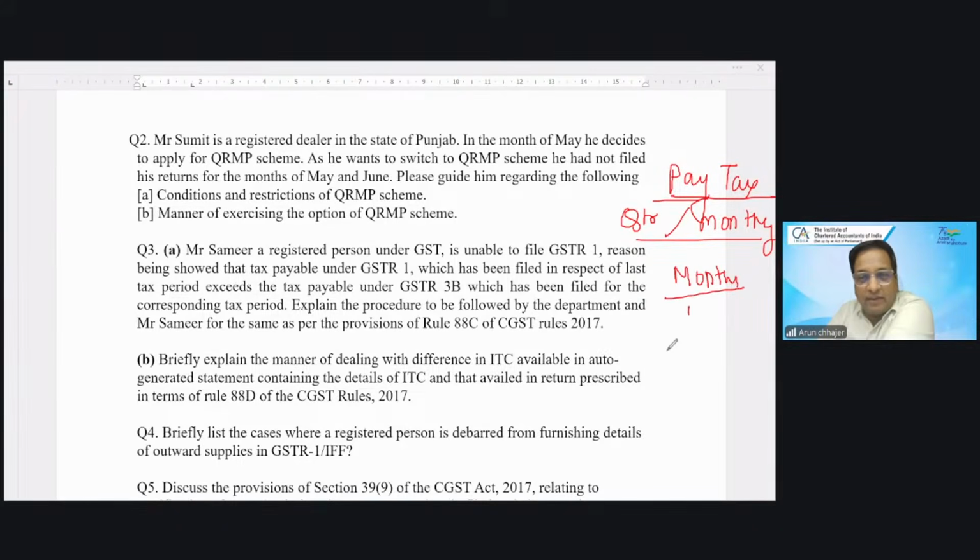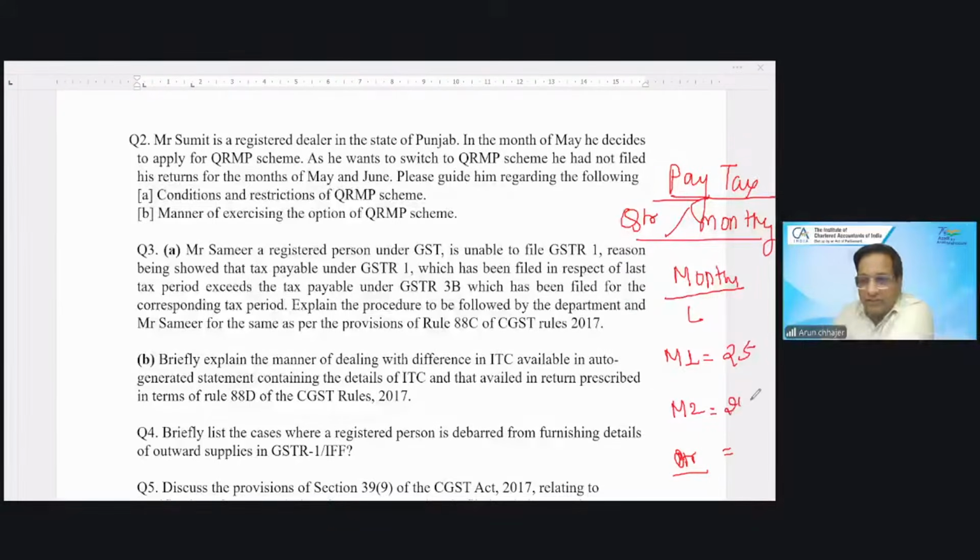What is the due date for month 1? What is the due date for month 2? And what is the due date for quarter, month 3? Month 1, 25th.